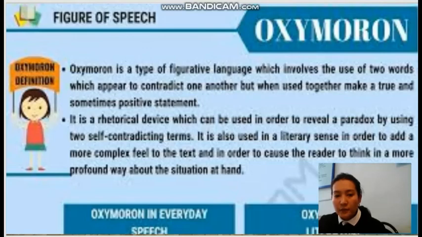It's a rhetorical device which can be used in order to reveal a paradox by using two self-contradicting terms. It's also used in a literary sense in order to add a more complex feel to the text and in order to cause the reader to think in a more profound way about the situation at hand.